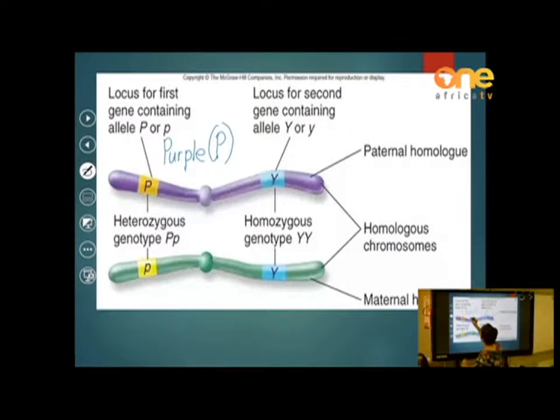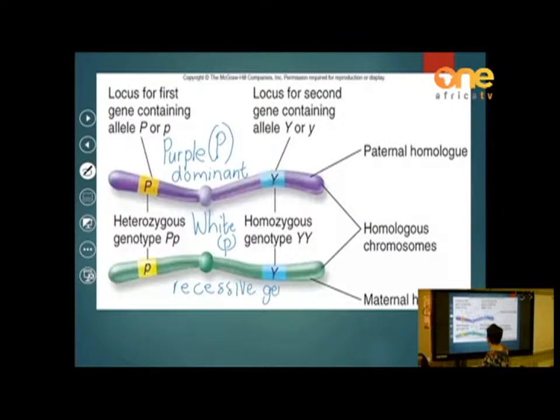Because purple is the dominant trait. And then small p will mean what? It will mean white flowers. But I still use the small letter of the dominant trait. And white will then be the recessive gene.